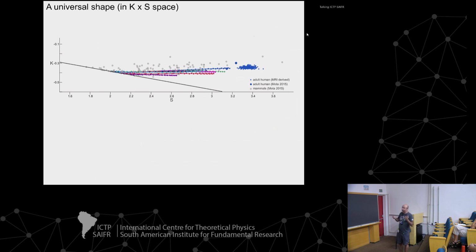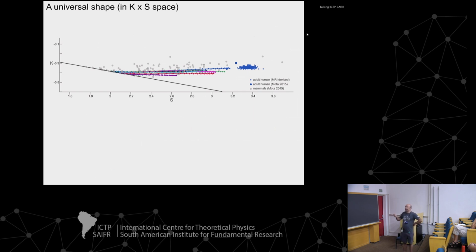And what you see is that, like I said before, this is the data for adult humans, and we start melting one of these humans along this direction. The gray points are the comparative anatomy data for different species. Essentially all of these lie along the same trajectory. There's some discrepancy here, but the difference is very small. If you look at the actual values that are changing, we talk about tenths of units here, as opposed to entire units here.